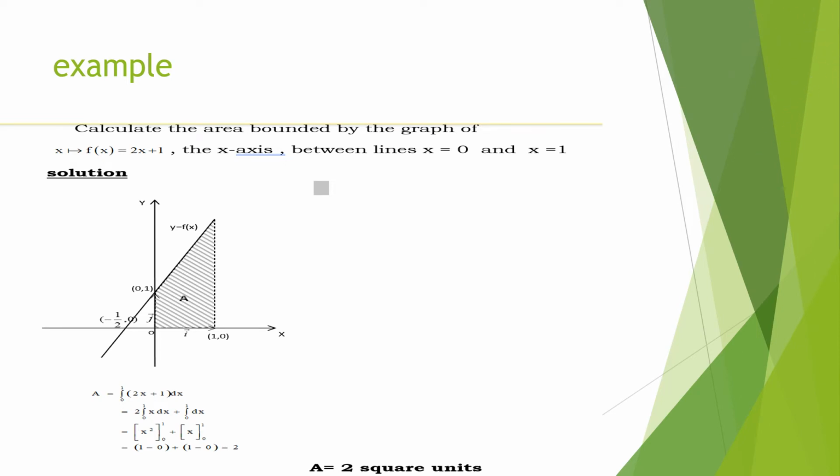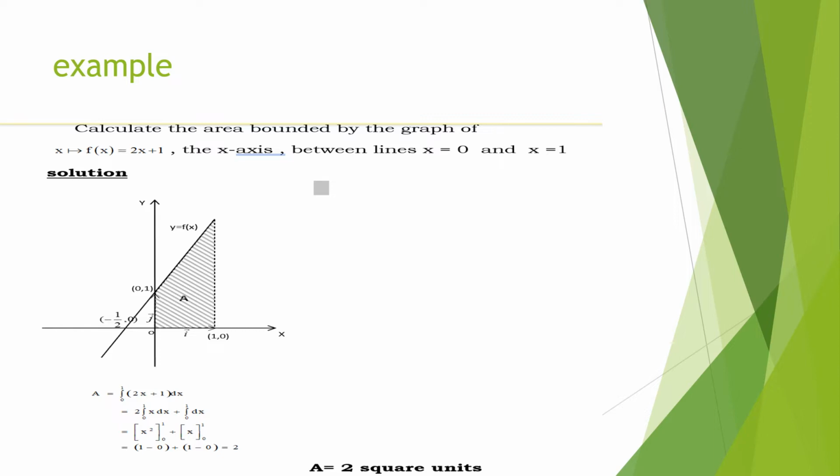Example number 1. Let's find the area enclosed between the graph of the function f(x) equals 2x plus 1, the x-axis, and the lines x equals 0 and x equals 1. As you can see here, we have the graph of the straight line 2x plus 1 between 0 and 1. This shaded part shows the region between this straight line, the x-axis, and the lines x equals 0 and x equals 1.